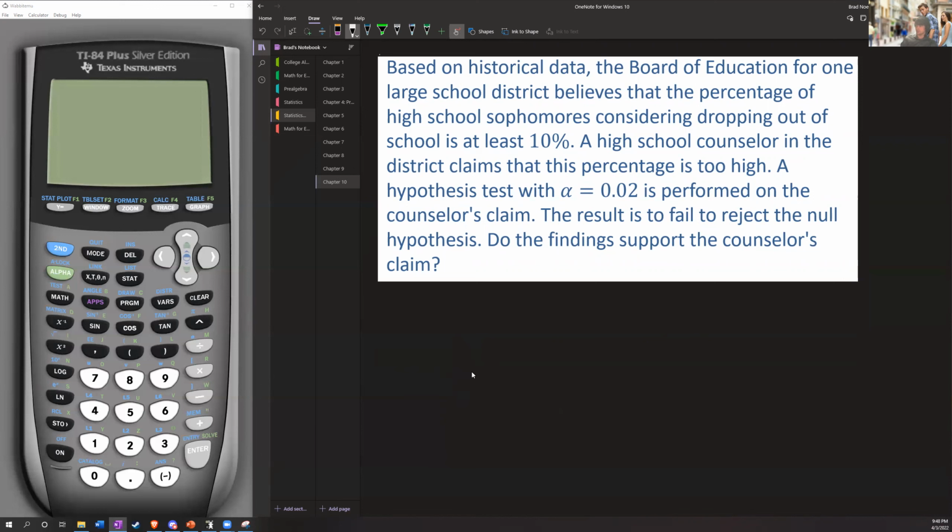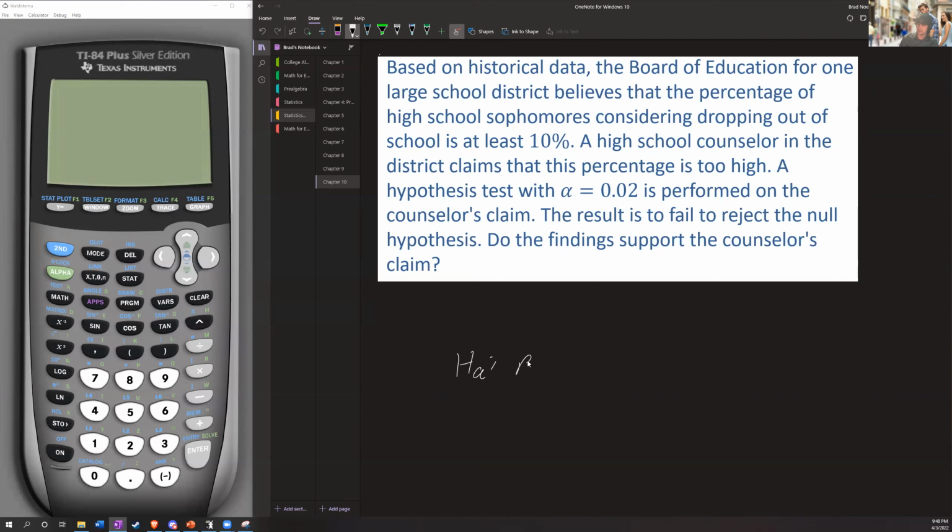So here's the thing. We are not rejecting the null hypothesis, so that indicates that we do not support the counselor's claim because we do not have enough evidence to reject the null hypothesis. And as a reminder here, we're looking at a proportion.